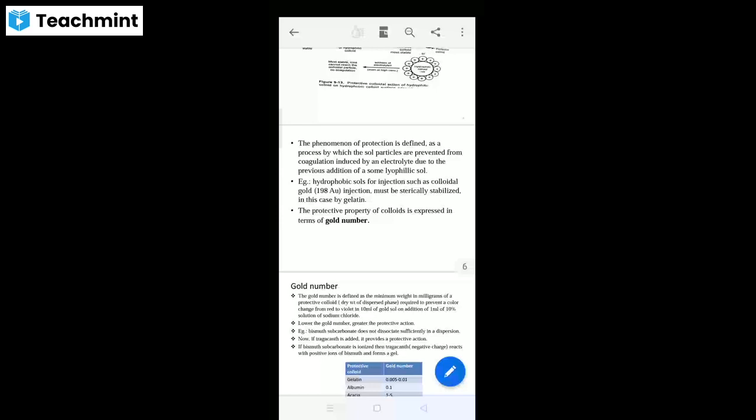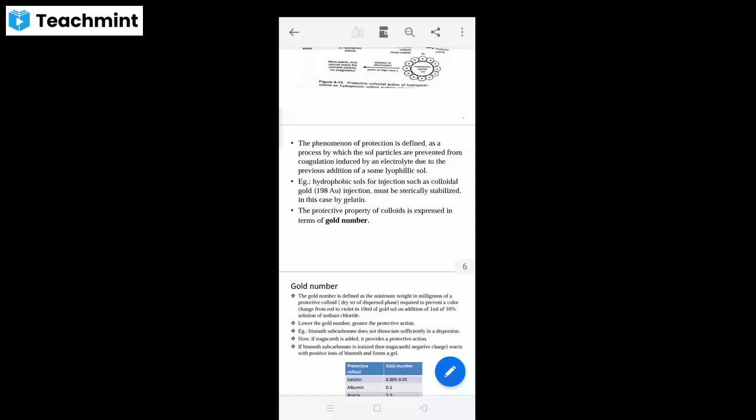Make a solution of gelatin, and you will get the dispersion easily. And how can you identify that? You will get a clear-cut dispersion. It may be somewhat translucent, not exactly transparent. That itself indicates that gelatin is a hydrophilic dispersion.